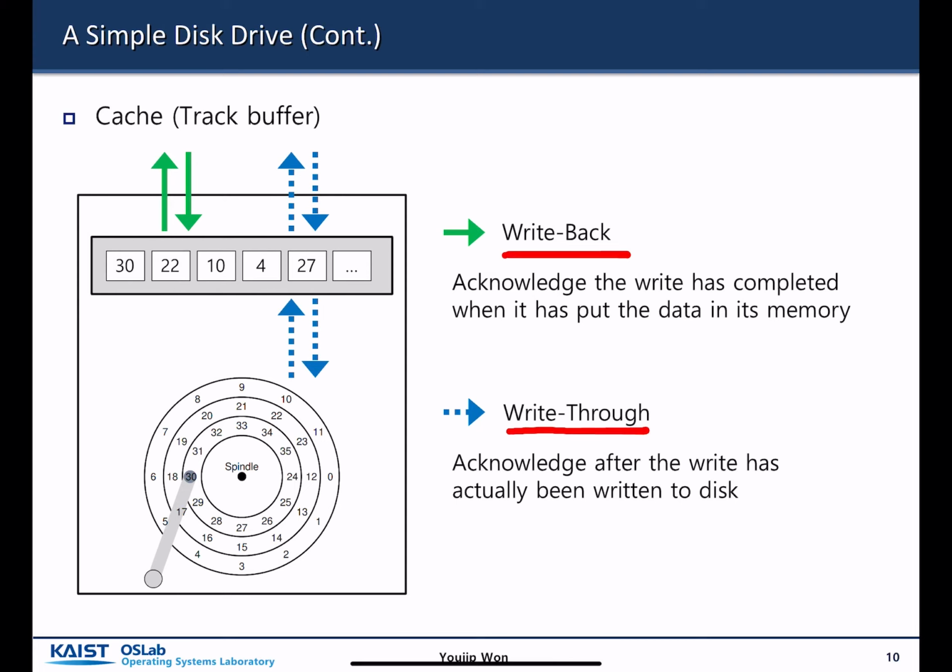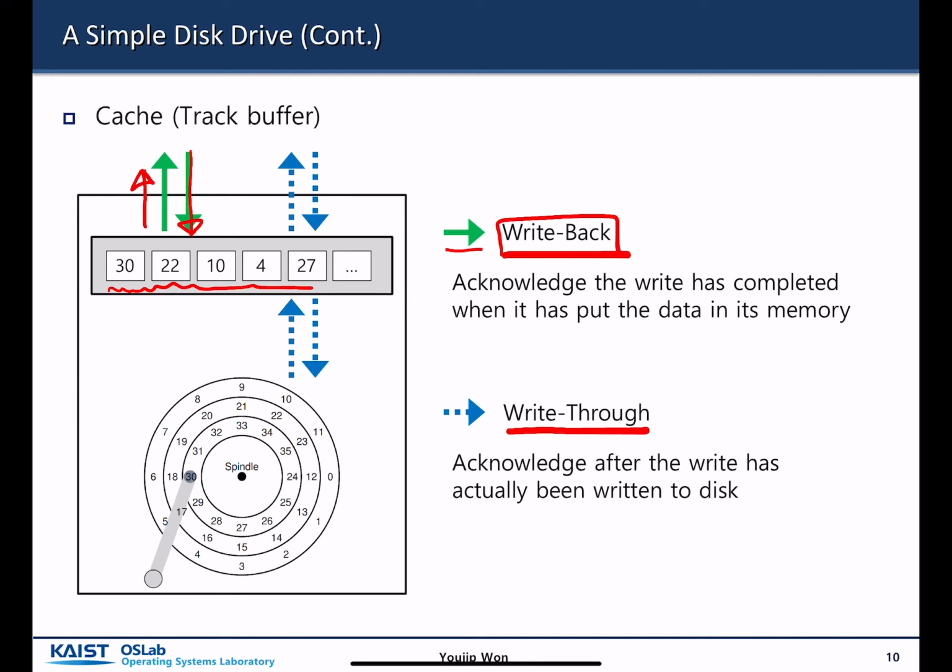So in the write back approach, which is the solid green line, when the host sends a write request, and right after the associated data blocks that need to be written to the disk surface have been transferred to the track buffer, the disk controller acknowledges that the write has completed. Like this. So once the data block reaches the track buffer, it acknowledges the completion of the I/O. That is the write back strategy.